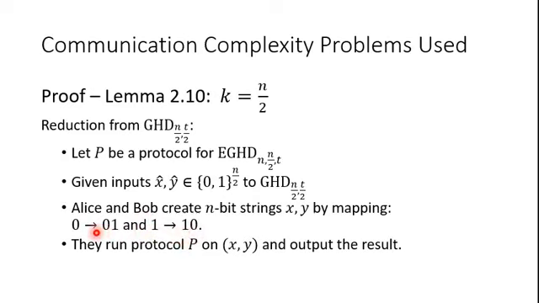So they not only doubled the size to become n instead of n divided by 2, but they also doubled the Hamming distance, because if they were different with 0 and 1 before, now they are not only different between 0 and 1, but also different between the 1 and 0 that we added. So what they do with this, they simply run the protocol P on x and y, and they output the result.